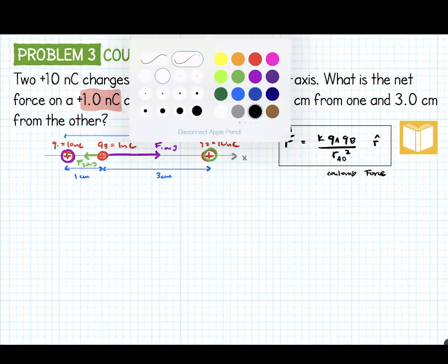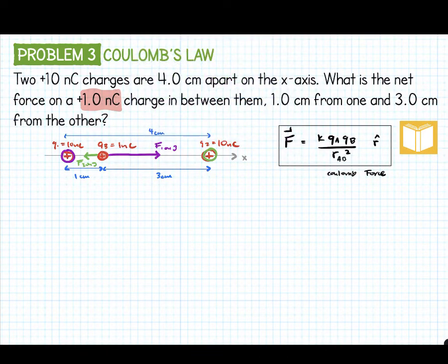Okay, so we're going to write this out. We're going to start with the force of 1 on 3. Remember, we know the direction is to the right, and that's going to be positive x hat. So we'll write this as a scalar, and then we'll deal with the vector part later.